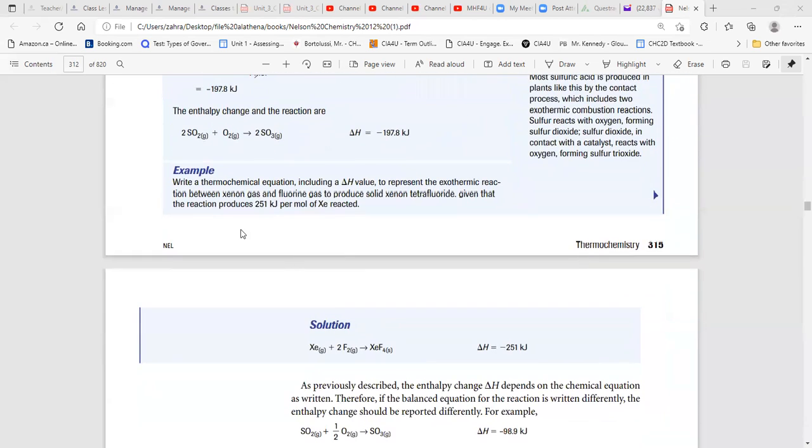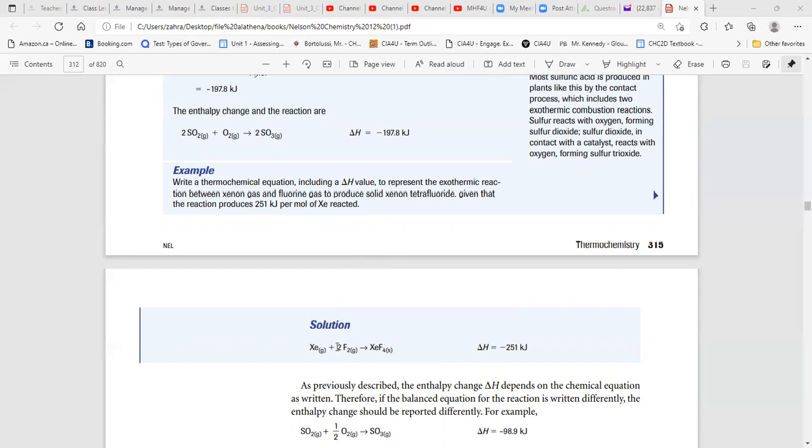Here is another example, right? Come up with a thermochemical equation for the exothermic reaction between oxygen gas and fluorine gas that gives you tetraoxygen difluoride. So you have this reaction. The molar enthalpy is 251 kilojoules per mole.